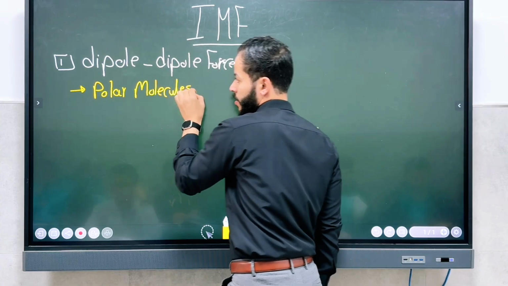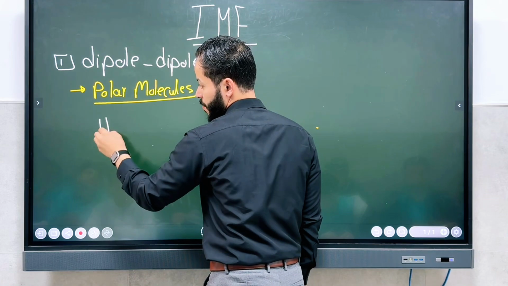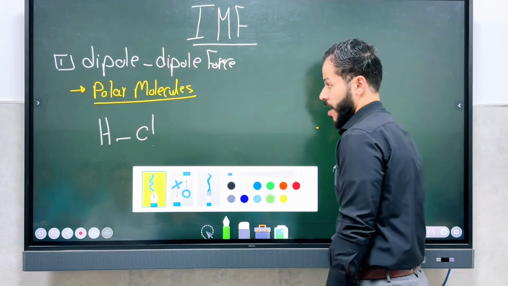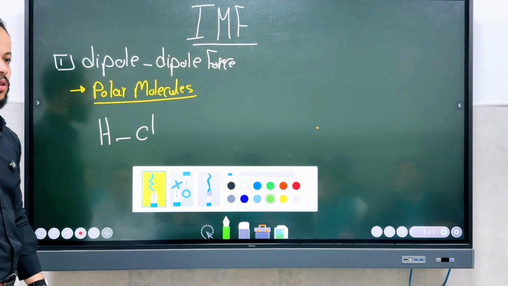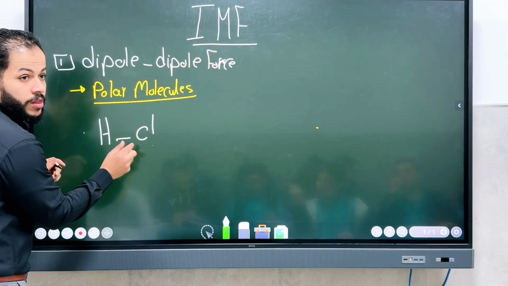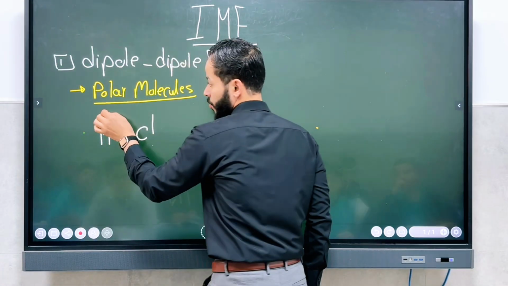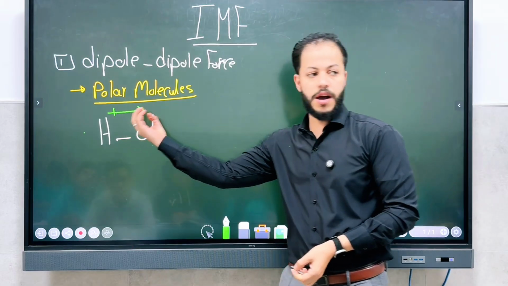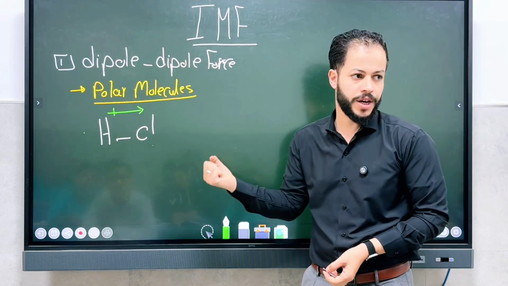Okay, guys? For example, if we have HCl, which has chlorine with high electronegativity. The chlorine attracts the electrons of the covalent bond toward it, and this makes a dipole that represents the vector of the forces, the direction of the pole forces toward the chlorine atom.